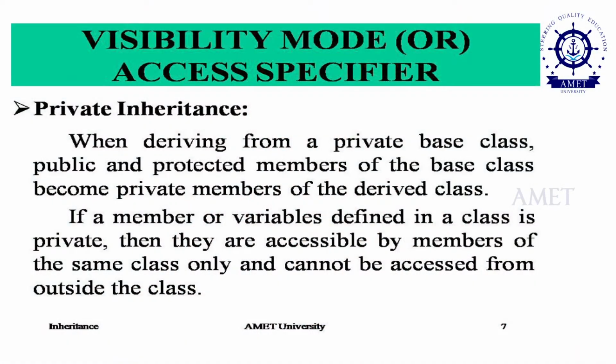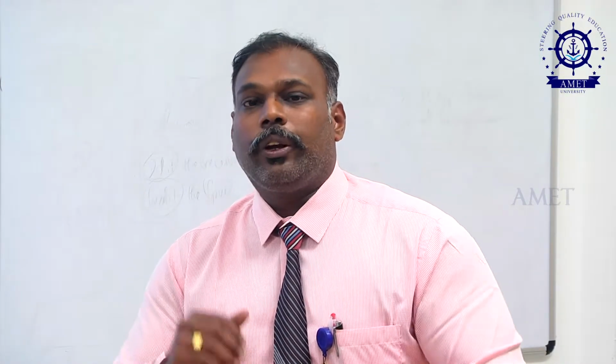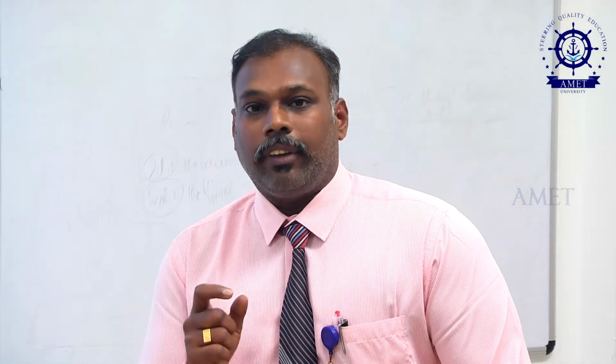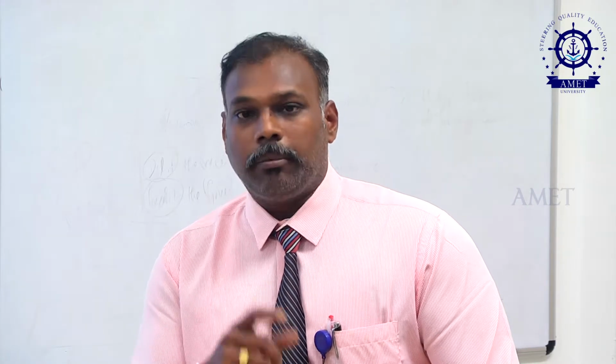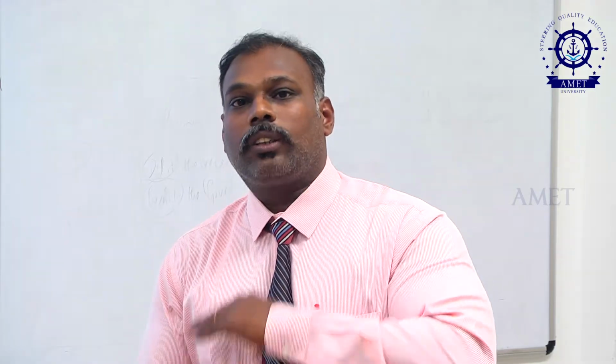The base class members and functions can be accessed by its own class, and for outside classes we give some protection. That protection comes under private. If we declare a variable or function as private, the outside class cannot access the members and functions in the base class. This is what private is.